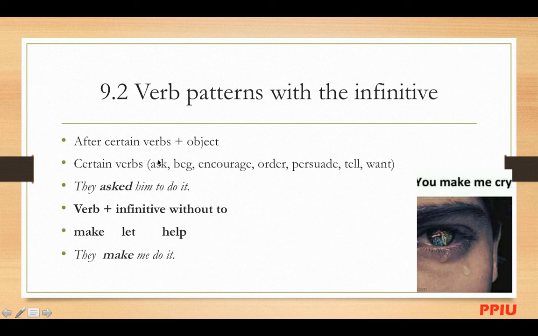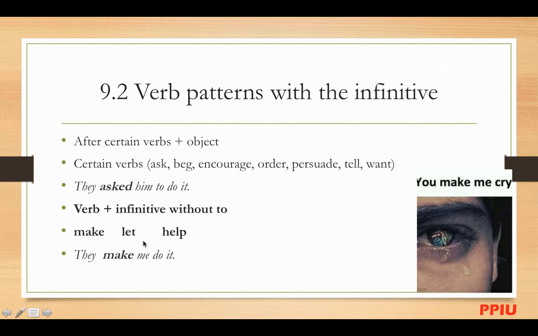I ask is the certain verb, the word students is an object, and then to. Or you can see the example, they ask him to do it. They ask is the verb, him is the object, and to do is the to-infinitive verb.